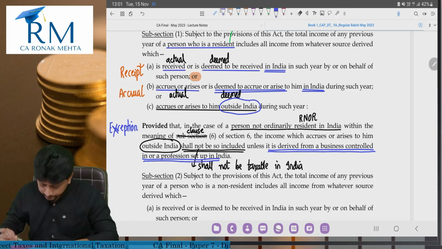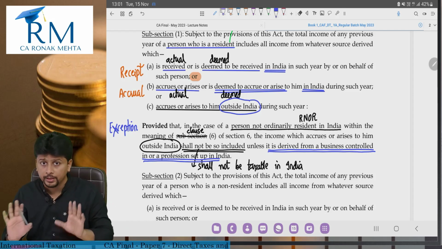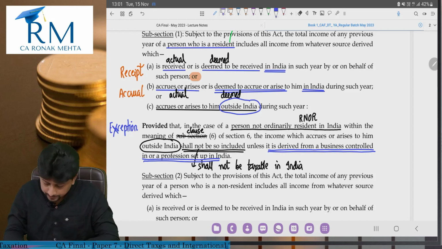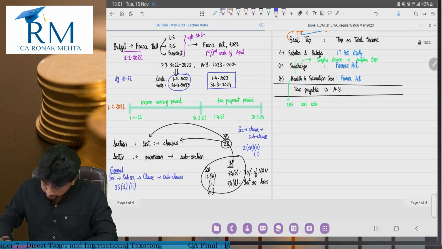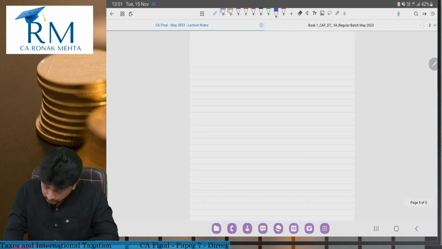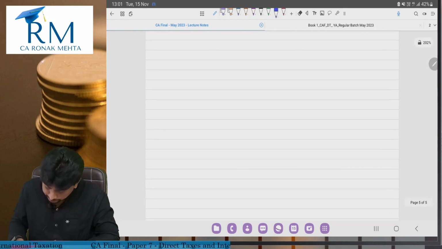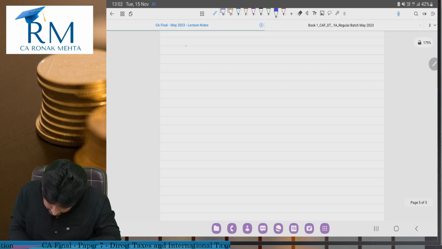See, who are we talking about? We are talking about resident. Okay. So, I am discussing section 5.